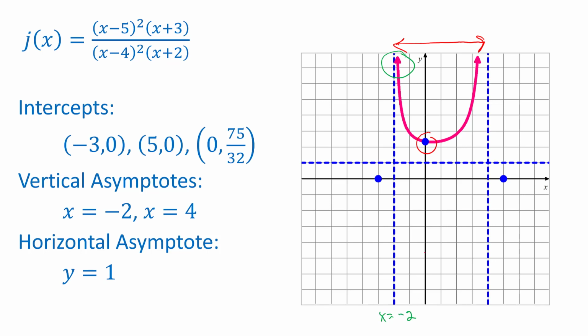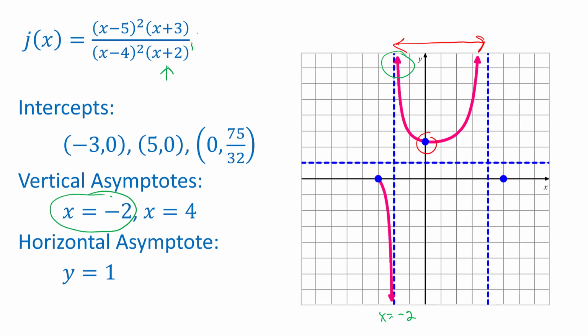I want to know where that vertical asymptote of x equals negative 2 came from. Well, it came from this factor of x plus 2 that's raised to an odd power, and that tells me that to the left side of x equals negative 2, my graph will be headed in an opposite direction, or will be approaching negative infinity instead of positive infinity, as it is on the right side.